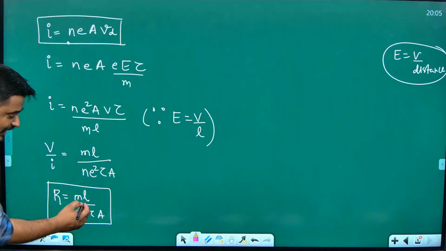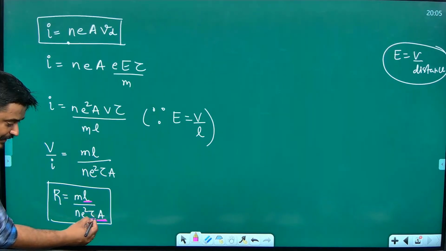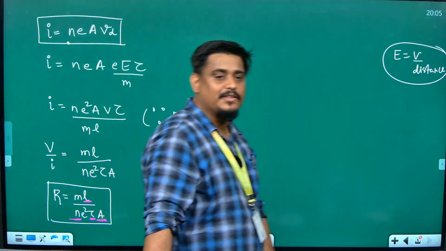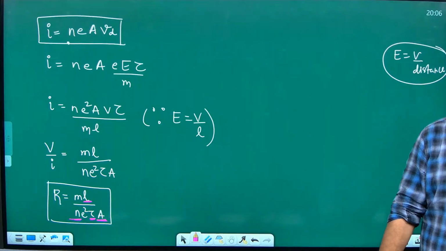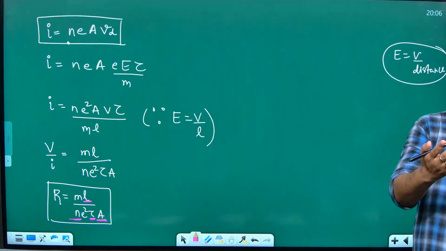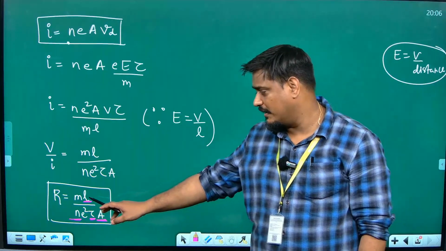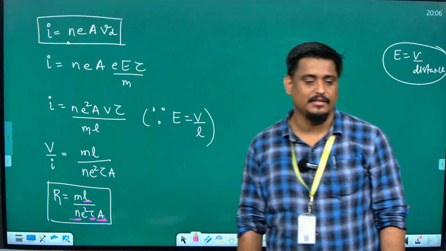So see, length, area of cross section, temperature, nature of material. In 10th, what you studied, this is the reason for that. Are you getting? So if you are asked what are the factors on which resistance depends, the answer will be: length, area of cross section, temperature, nature of material.